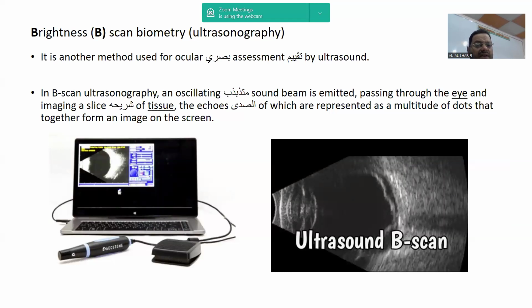In B-scan ultrasonography, an oscillating sound beam is emitted, passing through the eye and imaging a slice of tissue, the echoes of which are represented, like I explained before, as a multitude of dots that together form an image on the screen.